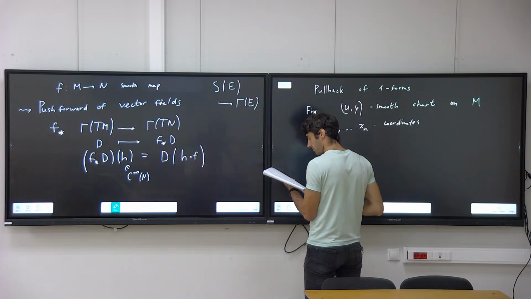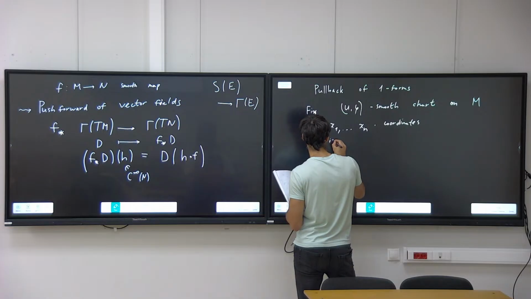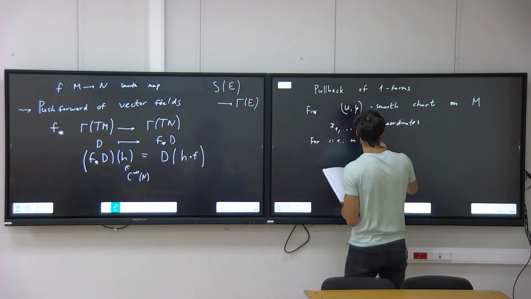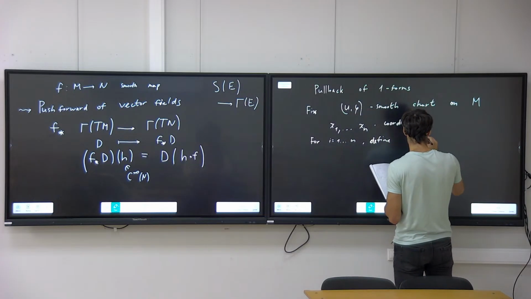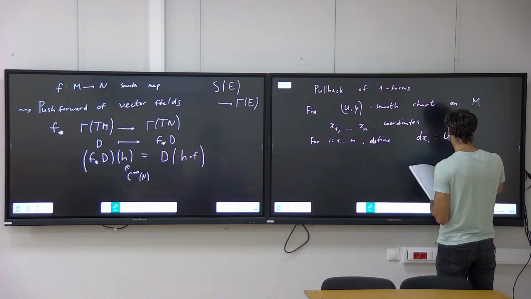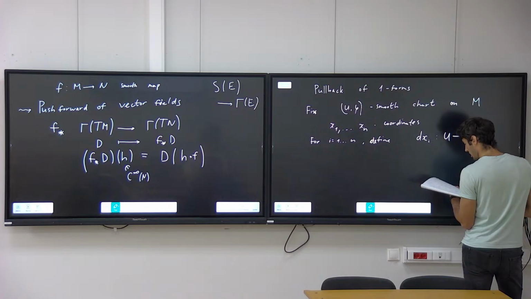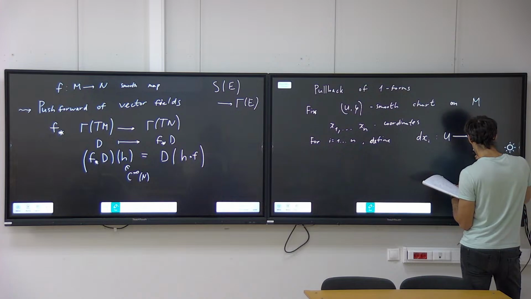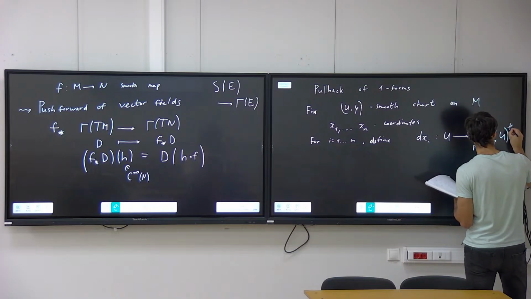And then for each i from 1 to n, I define the map dxi. This is a map from U to the disjoint union over p in U of T_p U star.